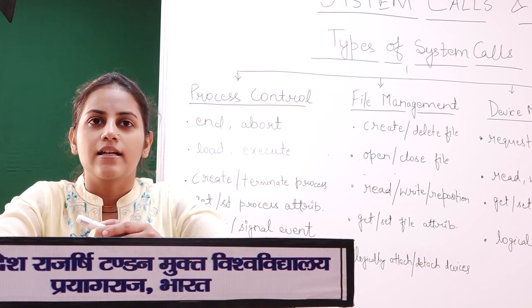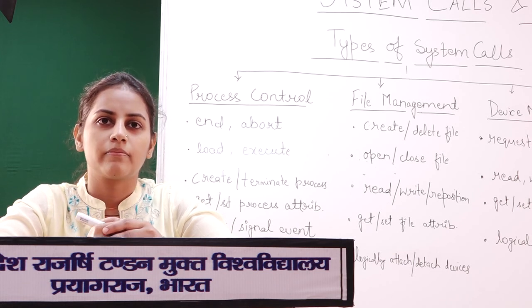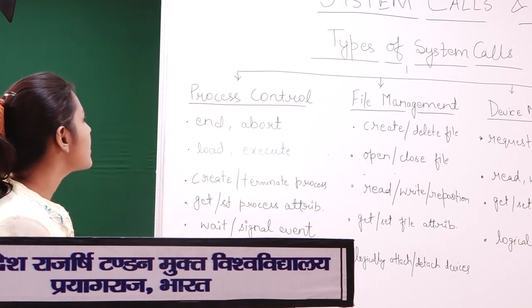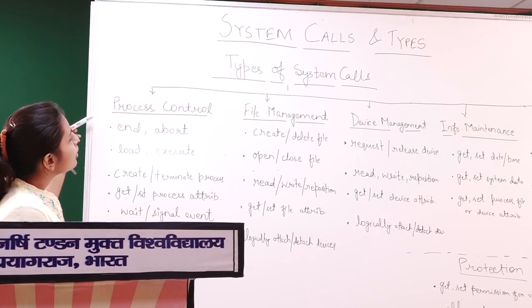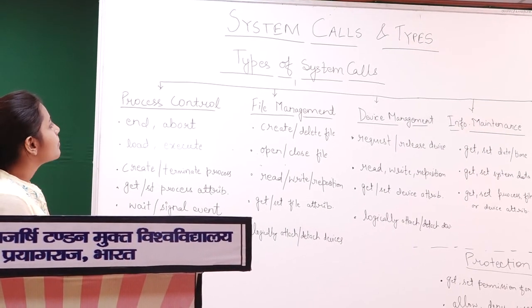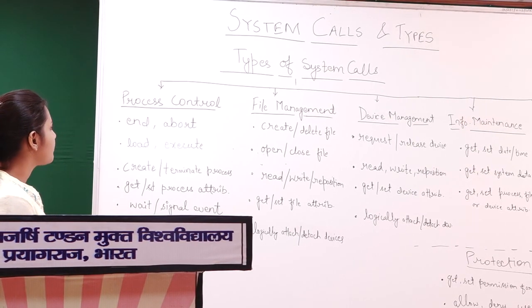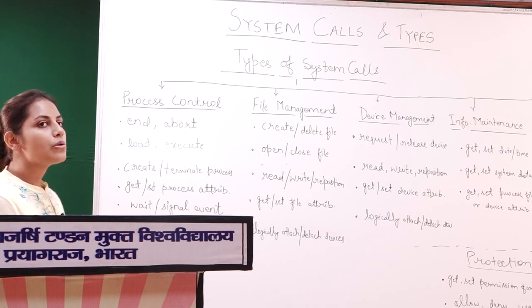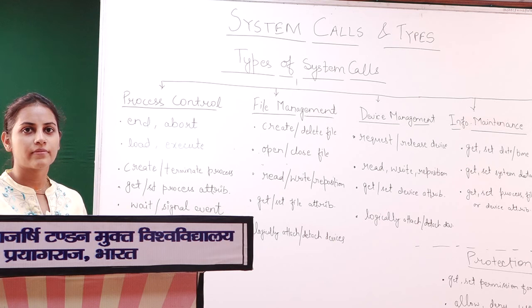Let us discuss each of these types in some more detail. You can see in the chart here that the first of the system calls provided by the operating system is related to process control. As you know, a program in execution is a process.